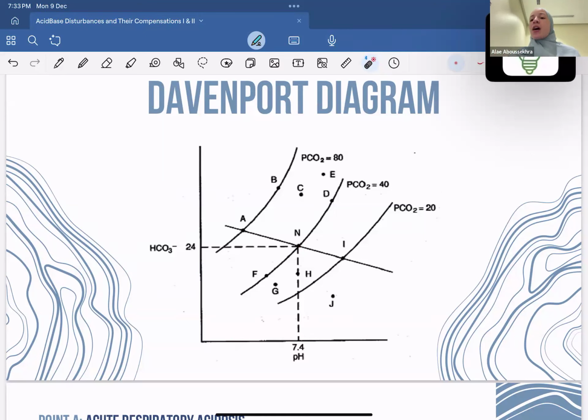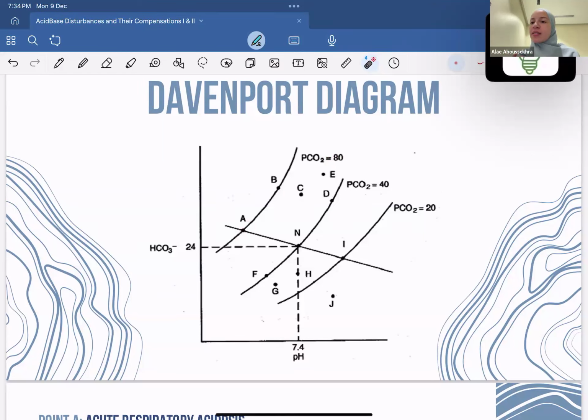Whether it's acidosis or alkalosis depends on where it is compared to the normal pH line. Point A is on this side of the pH, so it's less than normal. So you immediately think there's acidosis. And since it's on the buffer line, we know that it's respiratory acidosis. You can see that also by looking at the CO2.